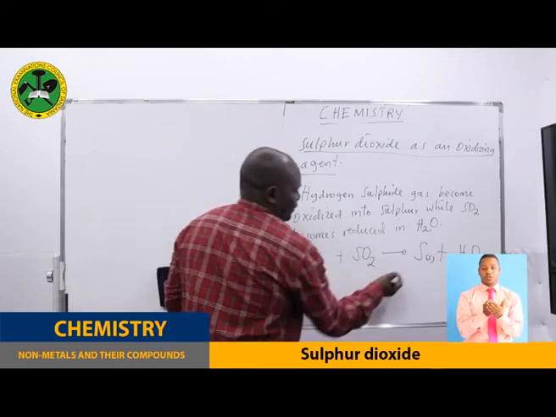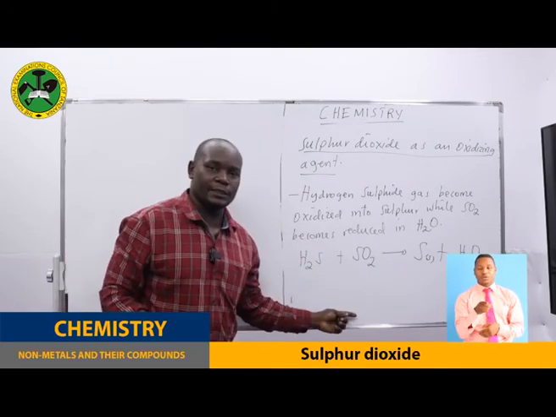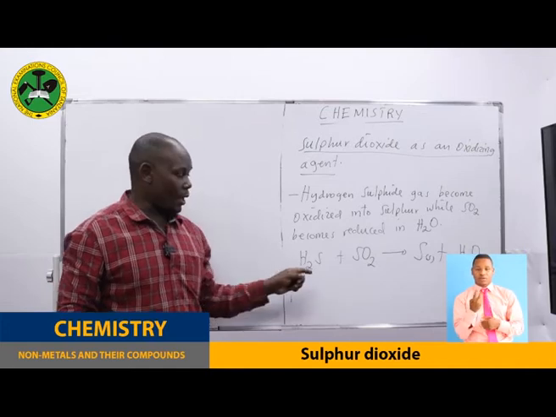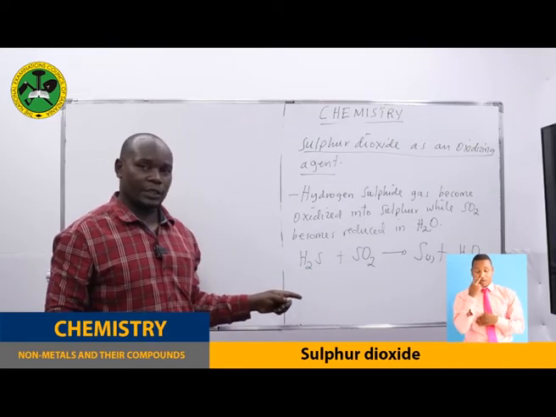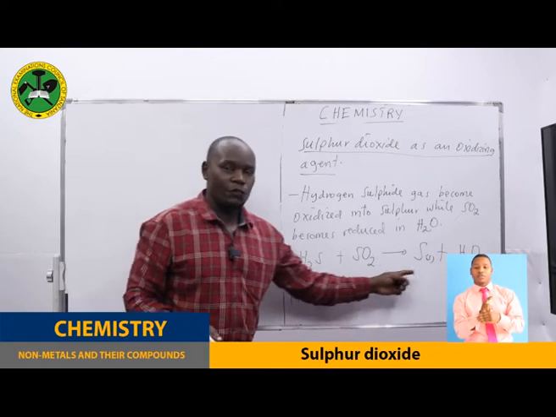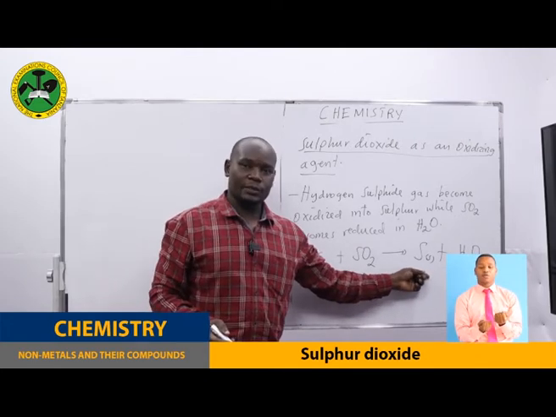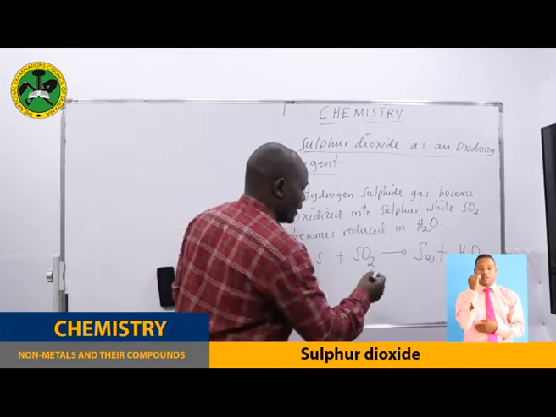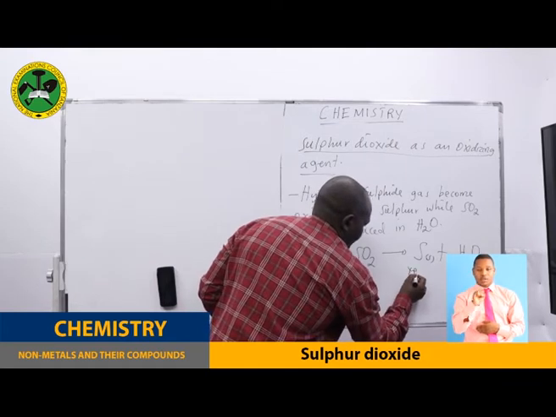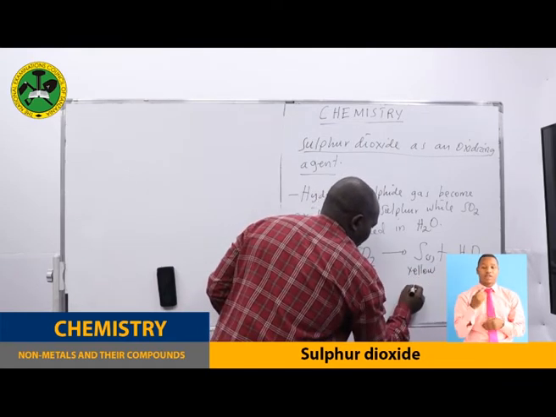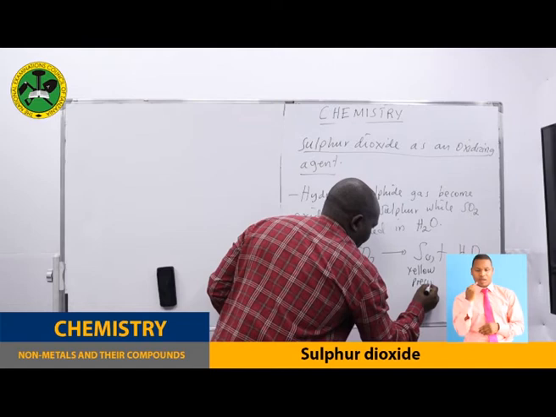So here there is an observation that can be seen with your eyes, and that observation is due to formation of a yellow precipitate of sulfur. So sulfur here appears as a yellow precipitate.